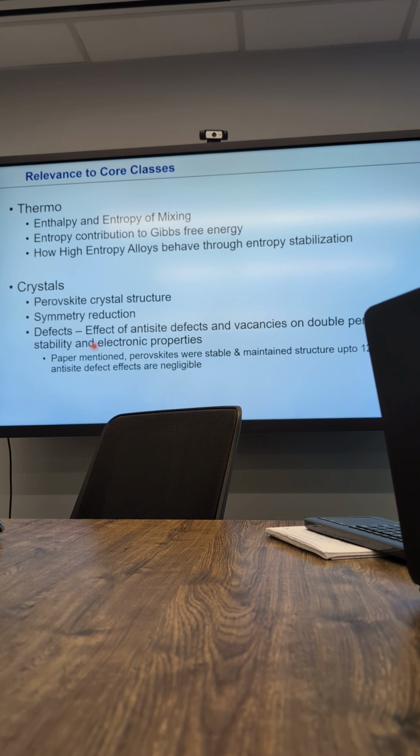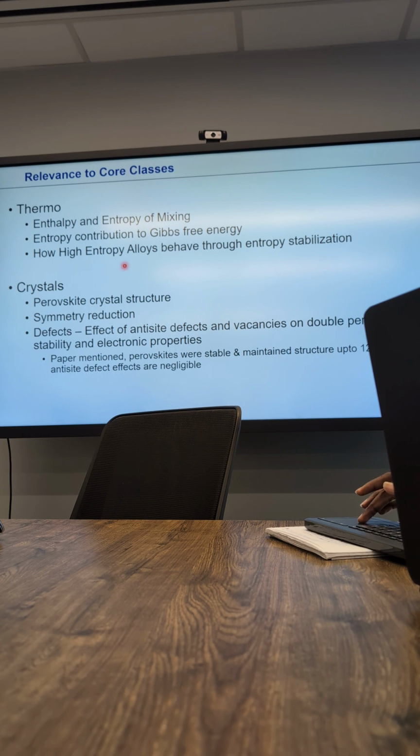How does the entropy affect the Gibbs free energy? They could talk about this, or explain in one of the graphs how this affects this. Basically, this paper took the concept of high entropy alloys, which is not necessarily used for perovskites, right? It's used for metals and other things. So how does it achieve entropy stabilization in these perovskite systems?